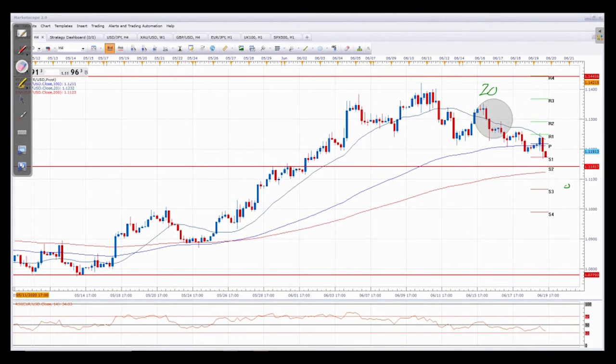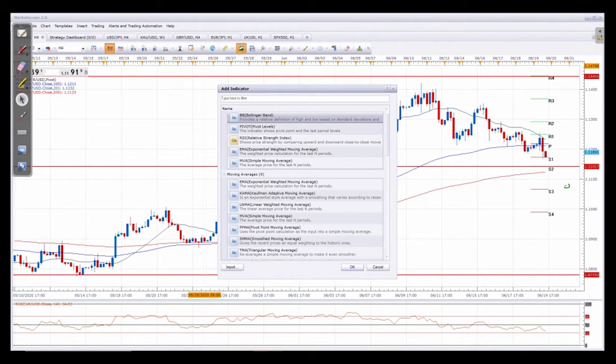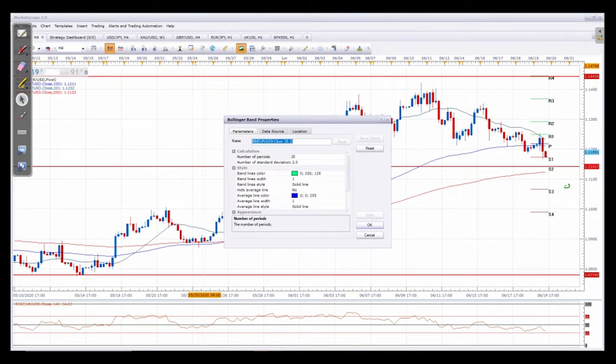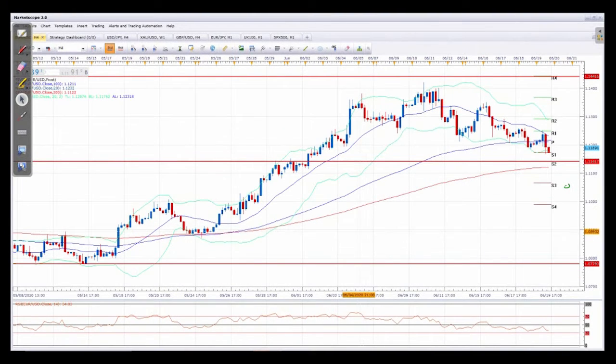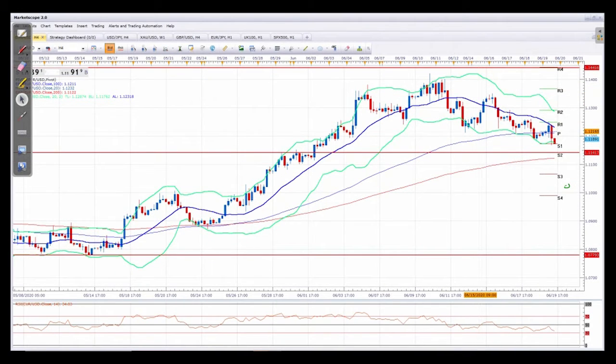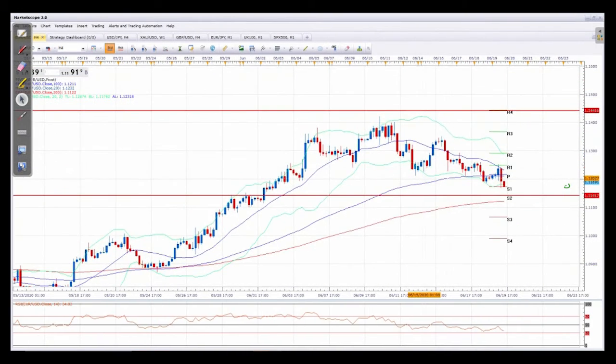Now, we will confirm that afterwards. Let's have another look at another indicator. Okay, the Bollinger Band. What is that saying? The top green one is the top band, obviously, and the bottom green one is the lower band. Now look, even the Bollinger Band, the top one is pointing downwards.